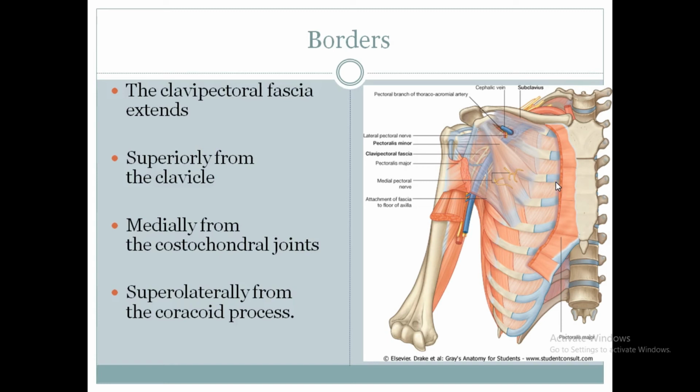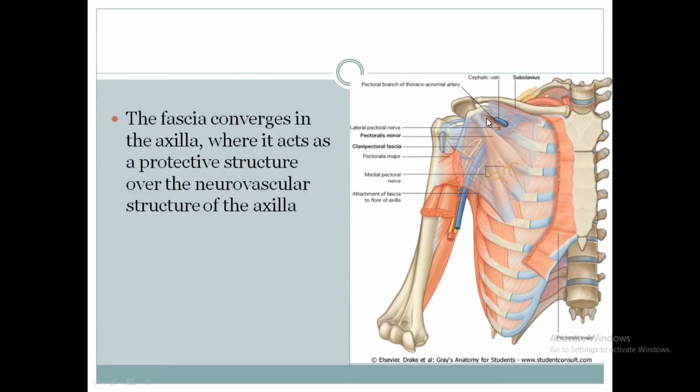So medially the clavipectoral fascia extends from the costochondral joint and superolaterally from the coracoid process. So the clavipectoral fascia extends superiorly from the clavicle, medially from the costochondral joint and superolaterally from the coracoid process.